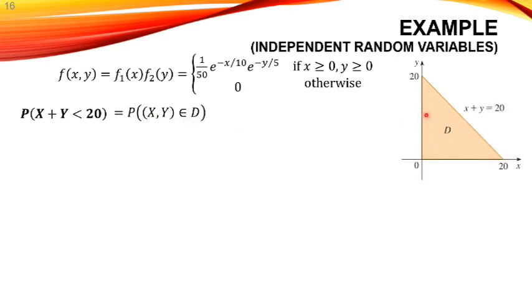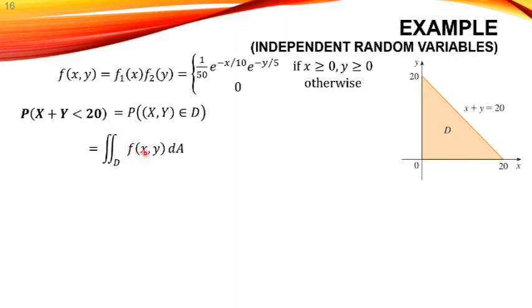Yung region natin would be, the limit of the sum of the waiting time would be 20 minutes. So we have x plus y equal to 20, so it is a linear function. So ito yung boundary natin for the region.